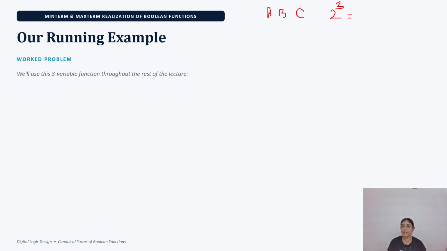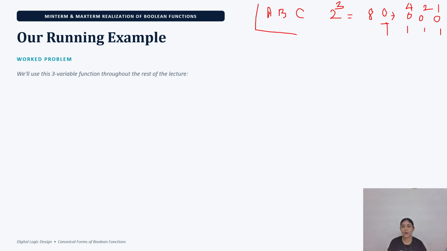So what is 2 power 3? It is 8. So what is that 8? It starts from decimal 0 and ends at decimal 7. The decimal 0 is 0, 0, 0. Your decimal 7 is 1, 1, 1. From where are you getting this? You are getting this from your 4 2 1 code.